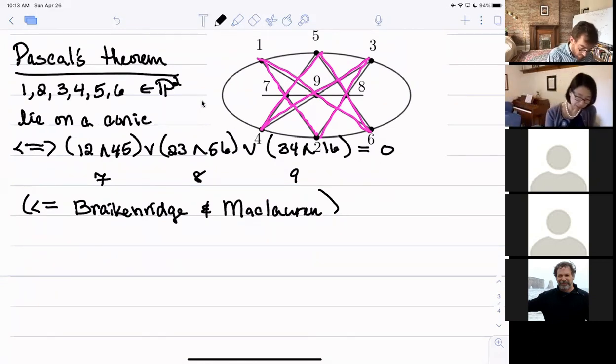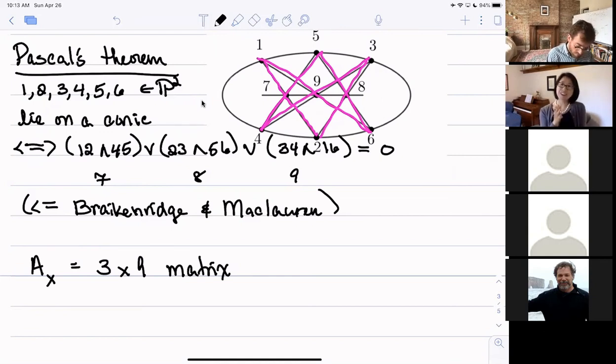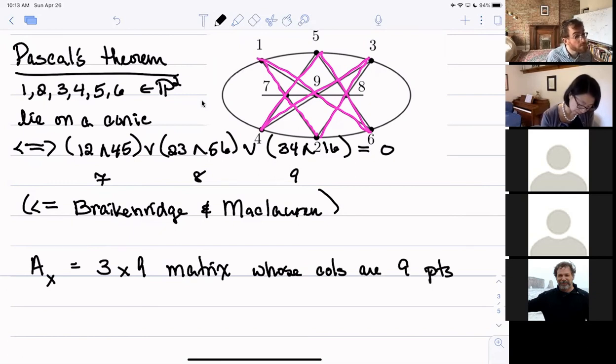So what we're going to do is let AX be a 3×9 matrix whose columns are 9 points that satisfy Pascal's theorem.